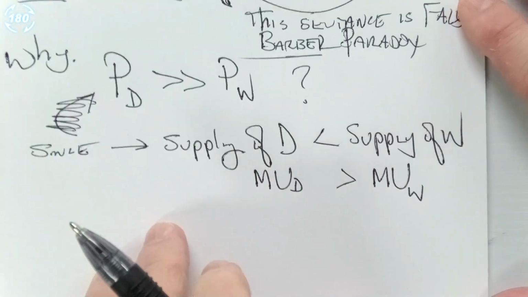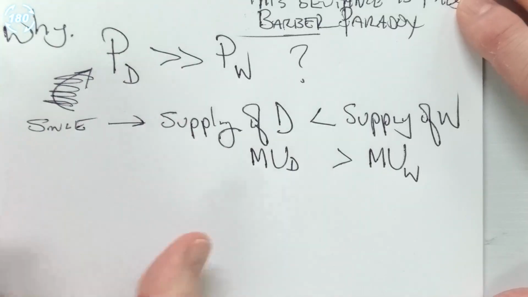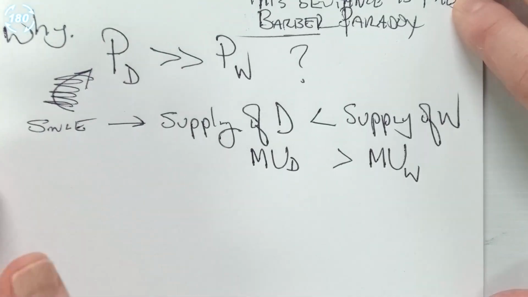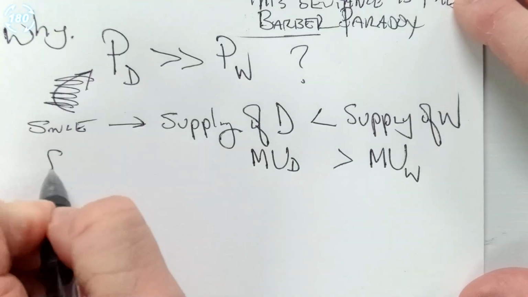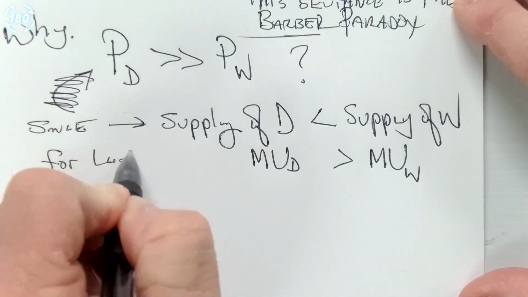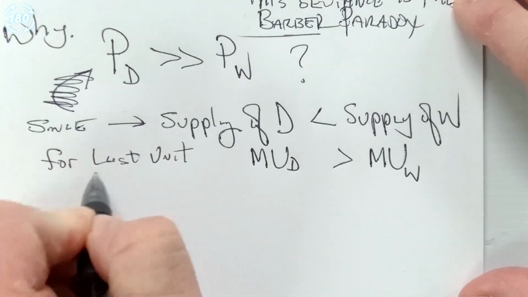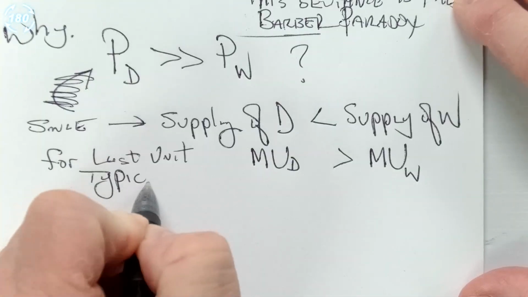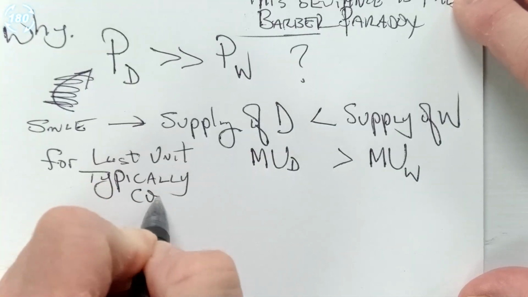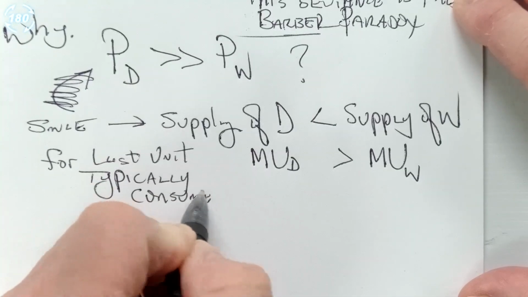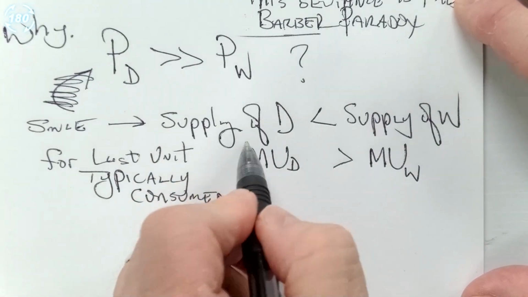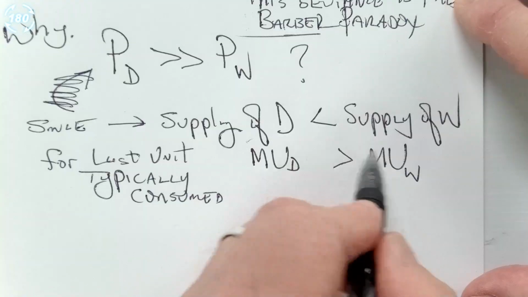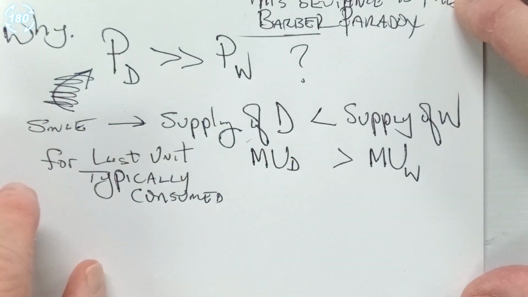This would have to be true for the last unit we consume in a time period, be it a day, a month, a year. For the last unit typically consumed in a week or what have you, the marginal utility of diamonds is much greater than the marginal utility of water.